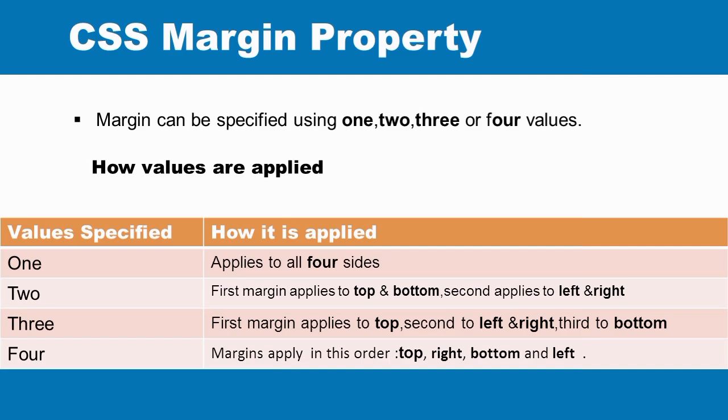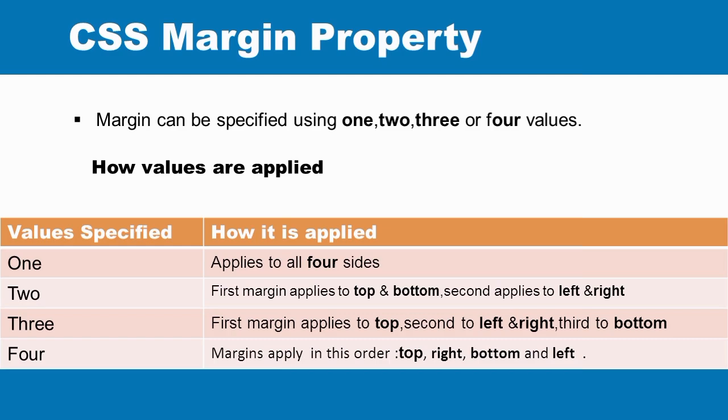When there are 3 values specified, the first margin applies to the top, the second goes to the left and the right, and the third goes to the bottom. When you have 4 values specified, the margins apply to the top, the right, the bottom, and the left in that order. So it's in a clockwise order.